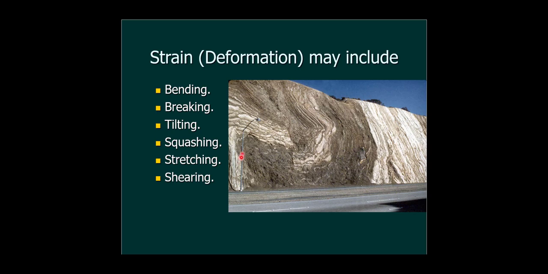It's getting tilted. It's maybe not stretched, but there's a fault right there. So we're definitely getting some shearing and some brittle deformation. You can see all of this bending, which is ductile deformation. It's all been tilted. It's been squashed. It's been all messed up, right? All of this can happen.